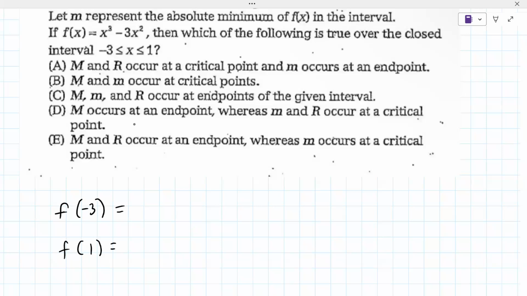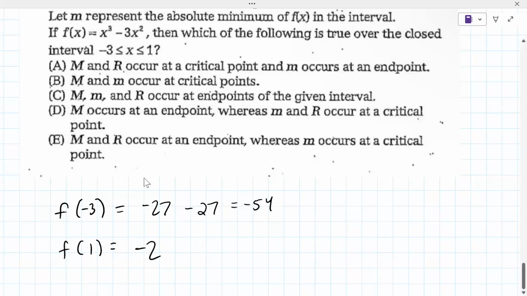The other one, -2. Let me just double check the first one. -27. I get a different result for the first one here. -27. Oh, sorry, I just solved it wrong.